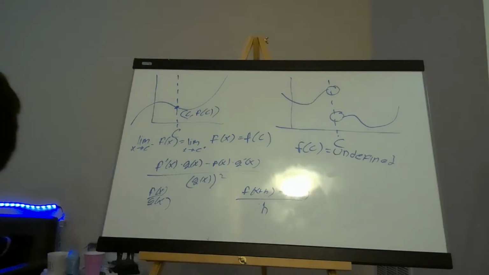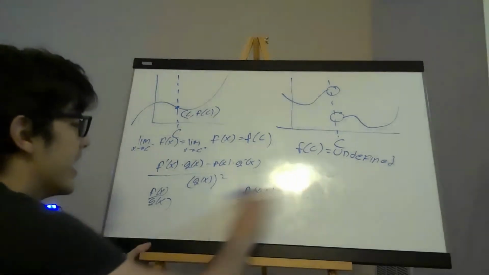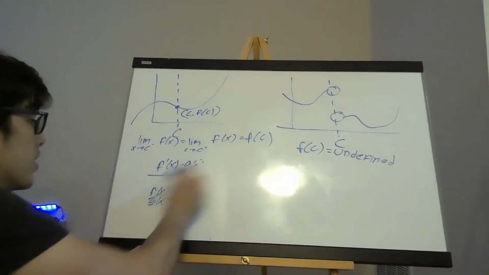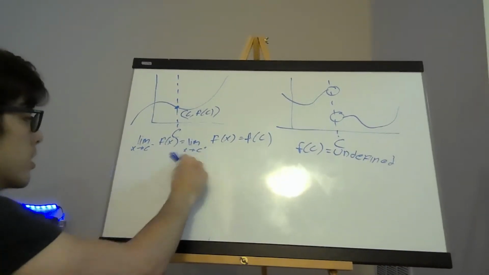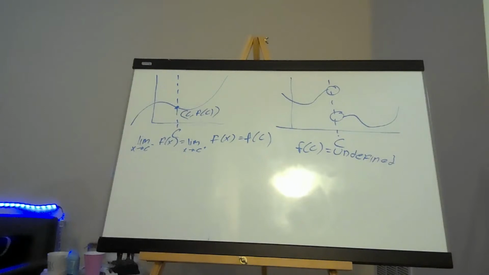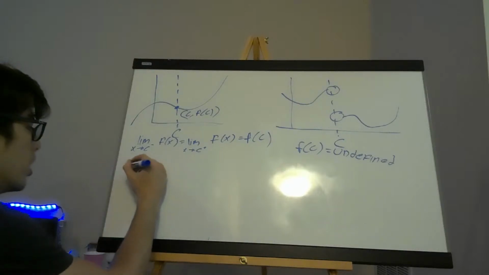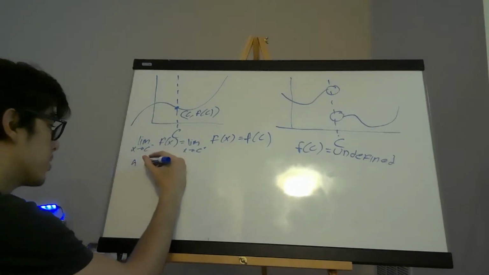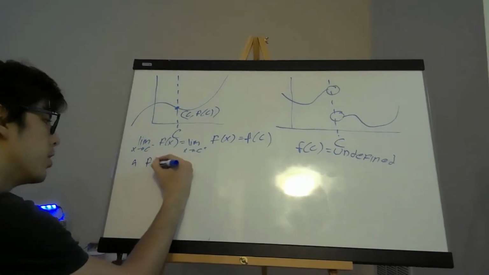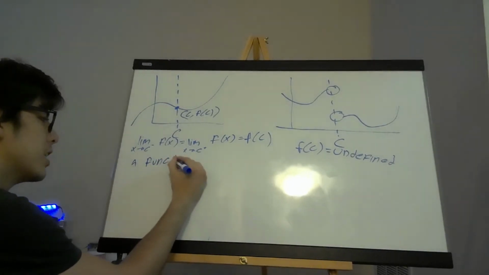Okay, so now continuity. Let's write out some rules for this concept of continuity. Continuity at a number. I'm just going to write out the textbook definition so you have no problems understanding it.